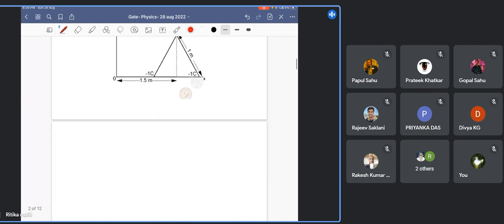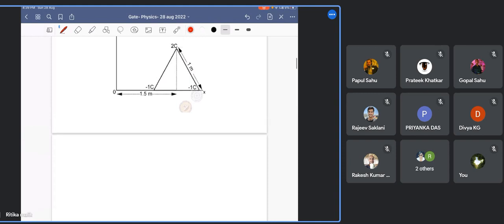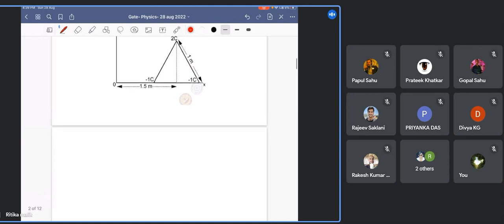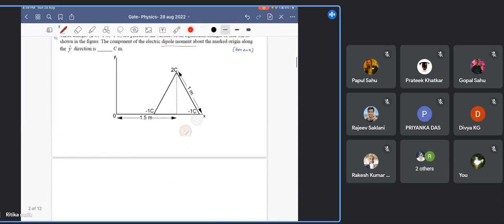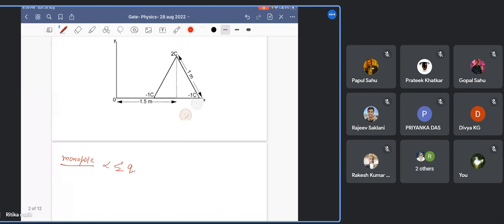The best way to solve the problem is to check whether it is making an electric dipole or not. For the case of a monopole, as I have told you, the potential depends upon the summation over charge q. So we have to see the summation of all the charges.